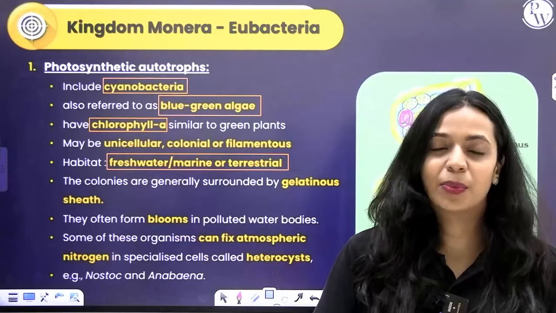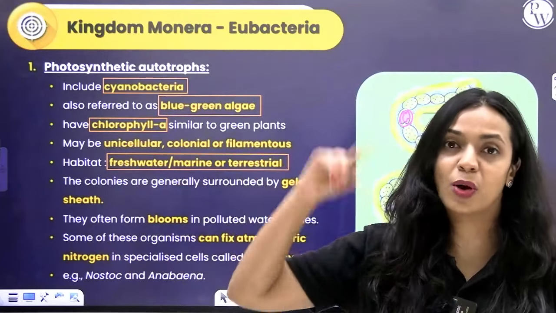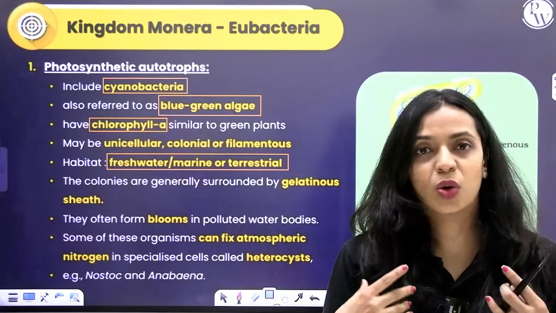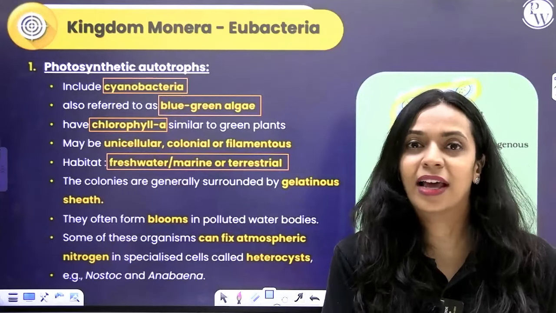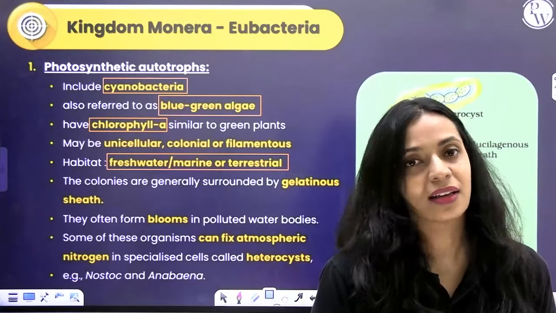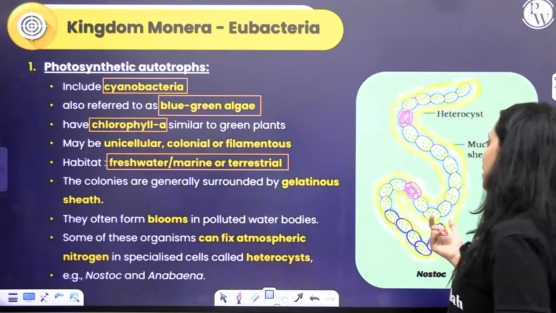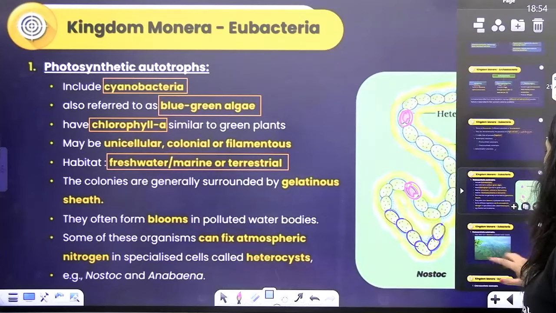If there are any submerged plants, because of this layer that this algae is forming or cyanobacteria is forming, light may not penetrate inside. So the plants that are lying lower in the water body will not receive sufficient sunlight. So it can cause a couple of problems. Okay, so sometimes this can form water blooms or blooms in water.